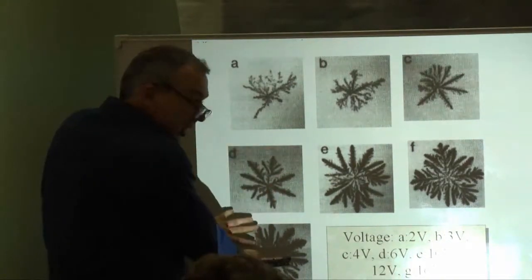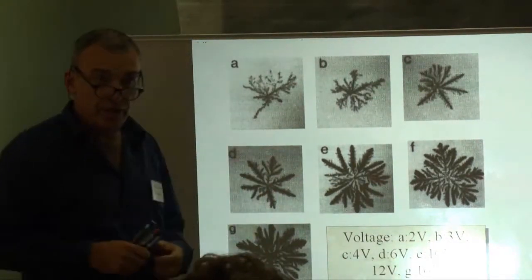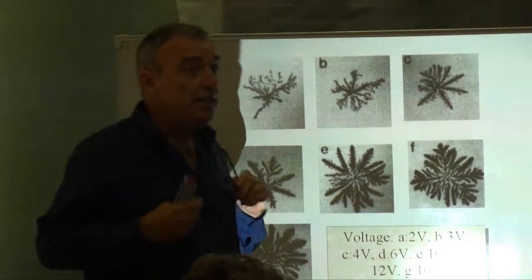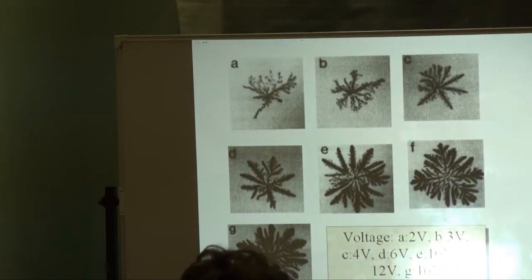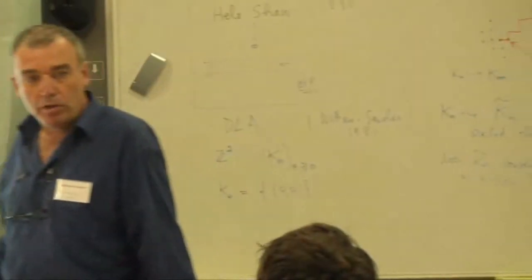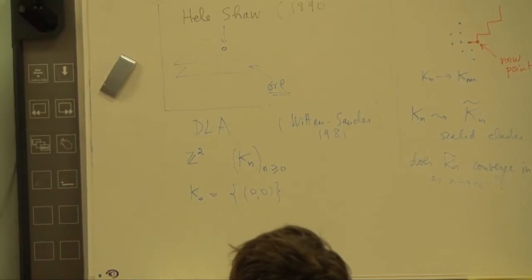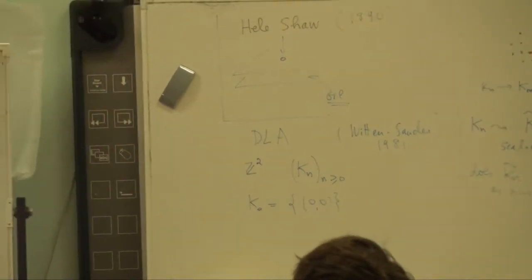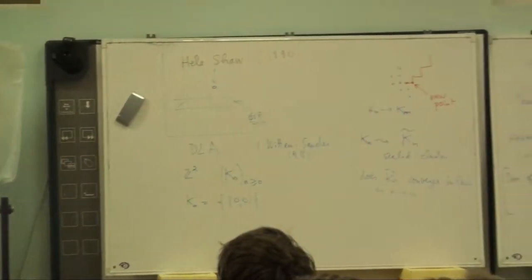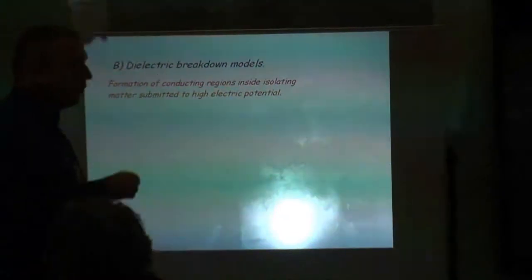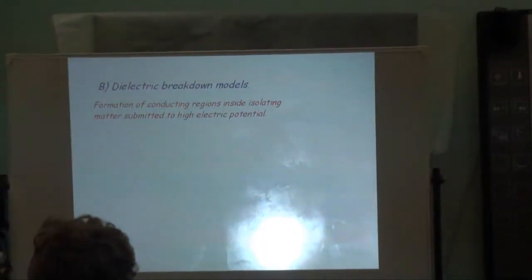They look thicker when the voltage is higher, and so the physicists needed to introduce a parameter in the DLA model in order to explain this kind of differences. And this is why they introduced a new model called the dielectric breakdown model.